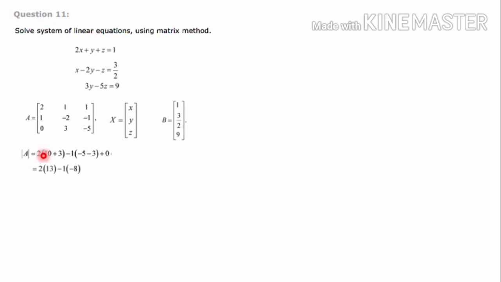That is equal to 2 into 10 plus 3, that is 13, minus 1 into minus 5 minus 3, that is minus 8, plus 0, that is gone. Then 2 into 13 is 26, minus into minus plus 1 into 8 is 8. 26 plus 8 is 34, which is not equal to 0. Here determinant A is not equal to 0, that means A is a non-singular matrix and A inverse exists.